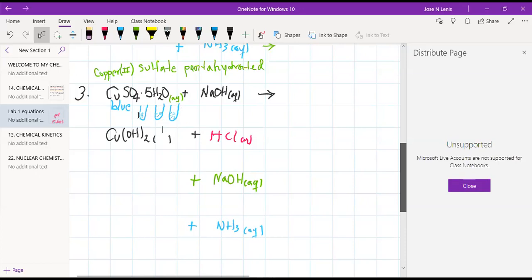Nice gelatinous precipitate. It's like a suspension there. So what is the result? We have copper 2 hydroxide, which is solid.